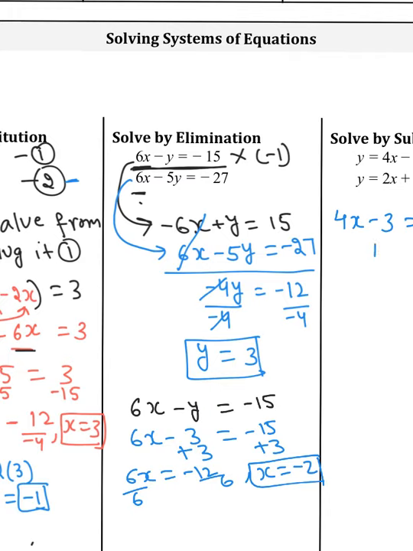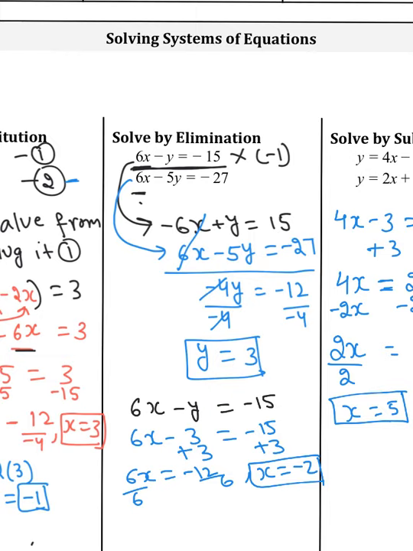To do that, you're going to add 3 on both sides. So 4x equals 2x plus 10. Now to bring the variable to one side, you're going to subtract 2x on each side. So 4x minus 2x is 2x equals 10. Divide by 2 on both sides, you get x equals 5.